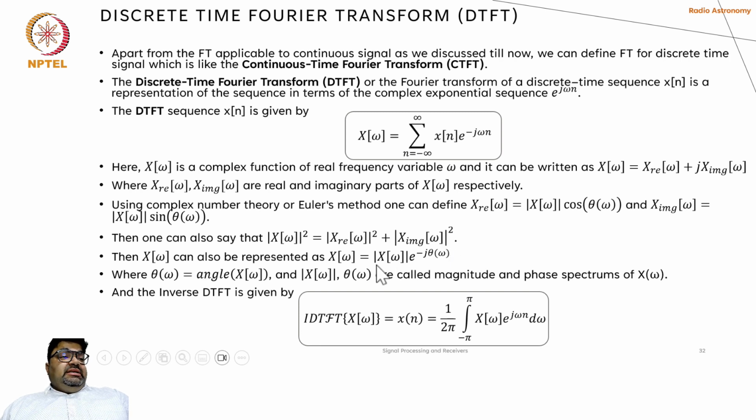They can also be represented as X(omega) equals the magnitude of X(omega) times e^(-j theta(omega)). The inverse DTFT is defined as x(n) equals 1 over 2 pi, the integral of capital X(omega) e^(j omega n) d omega.